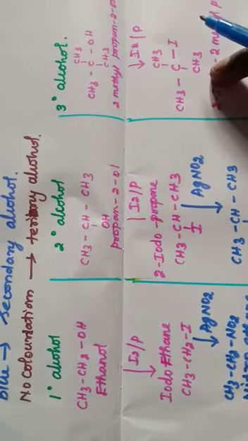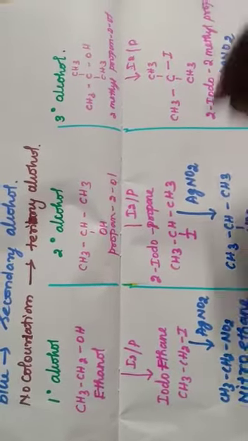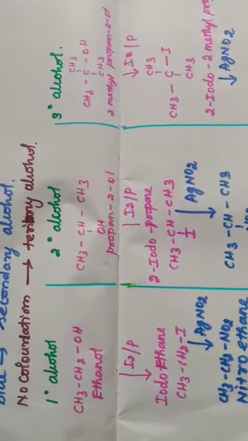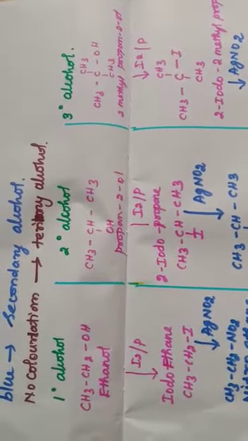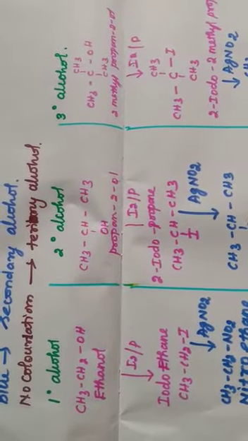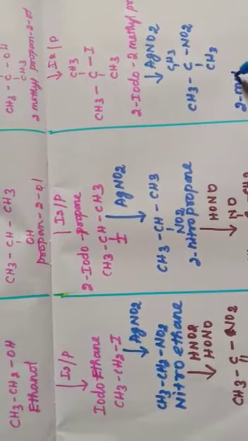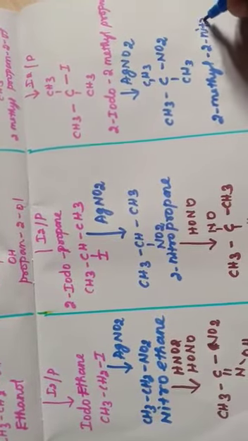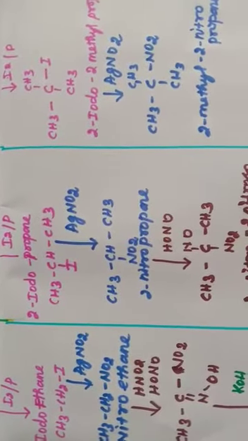Now this compound, 2-iodo-2-methylpropane, is treated with AgNO2 and the iodine is replaced by the NO2 group, the nitro group, and we will be getting the nitro compound, 2-methyl-2-nitropropane.